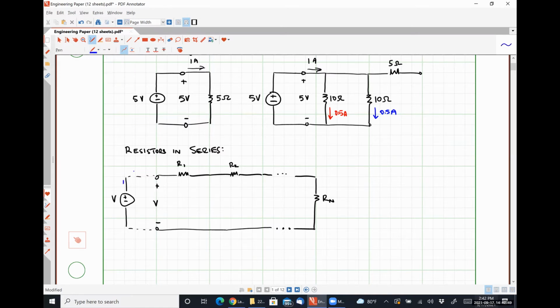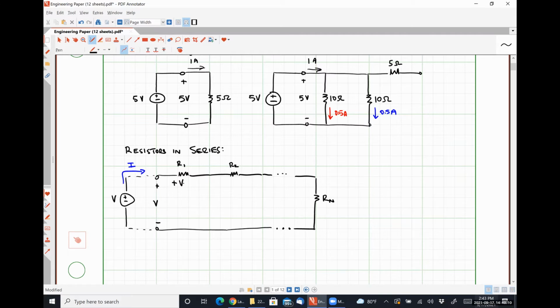So I'm going to denote that by this current I. I'm going to arbitrarily choose the current to be flowing into the positive polarity terminal for all of my resistors. So effectively, I'm forcing them to all absorb power, assuming V and I are positive.